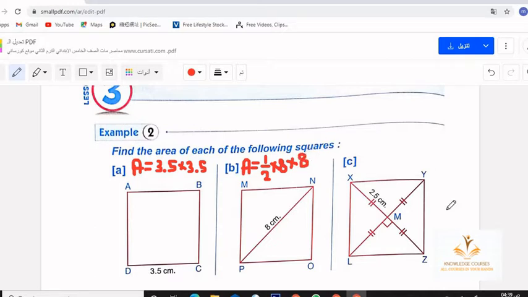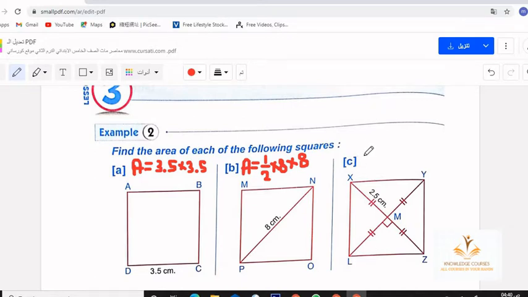Okay, in this case half of the diagonal equal 2.5, XM equal 2.5, and the two diagonals bisect each other, so XM equal MZ equal 2.5, so the diagonal equal XM plus MZ equal 5. 2.5 plus 2.5 equal 5.